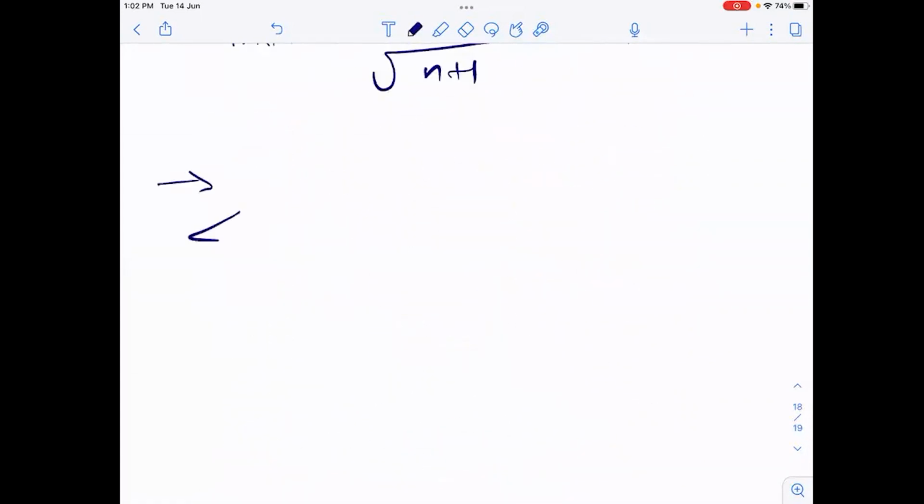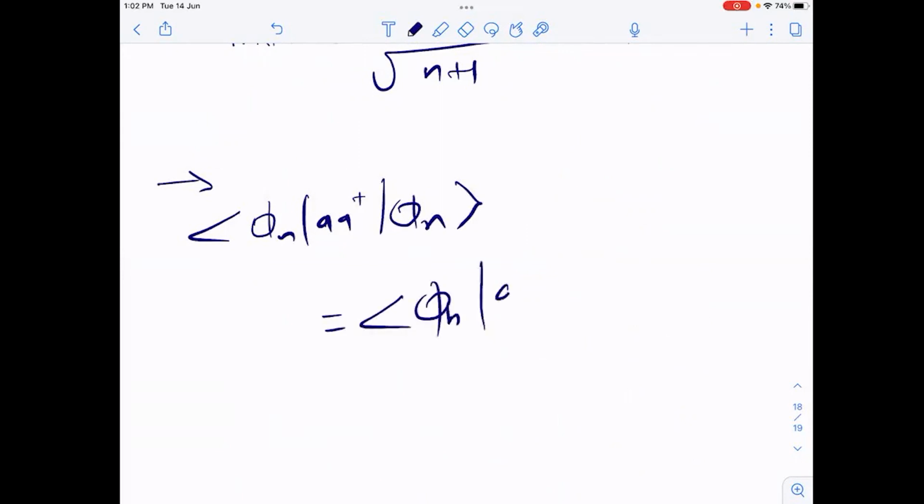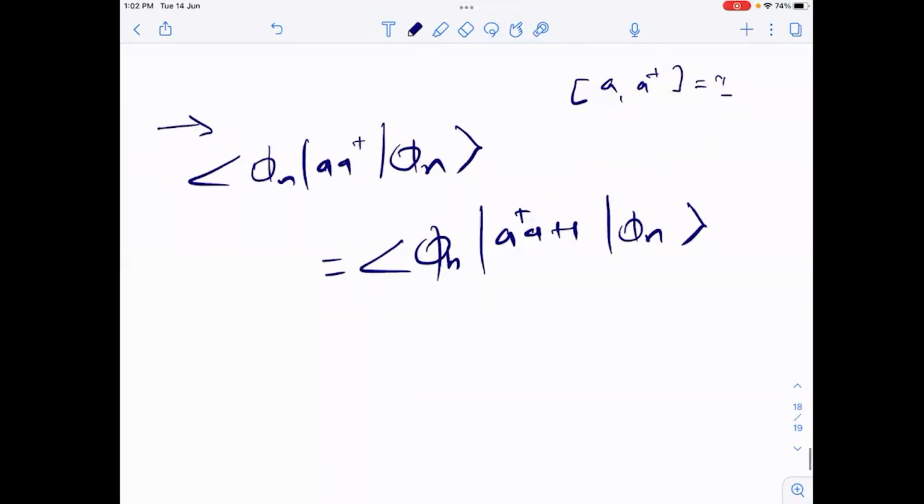If I write it for phi n, a a dagger, phi n, it will turn out to be phi n, a dagger a plus 1, from our property that the commutator between a and a dagger is 1. Going ahead, this will be simply phi n plus 1.